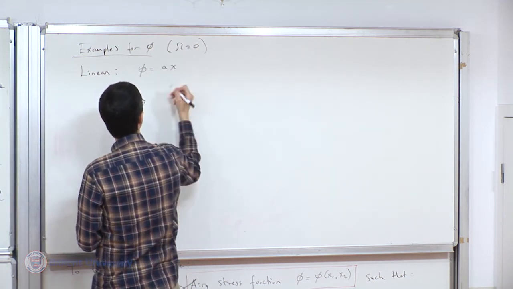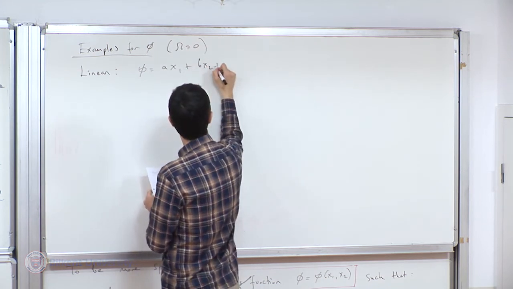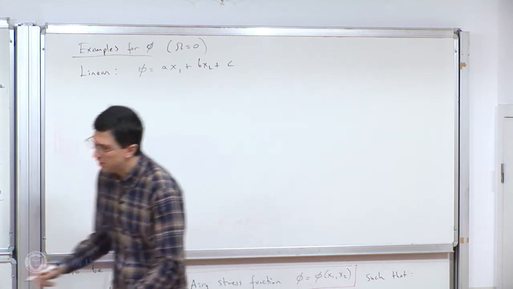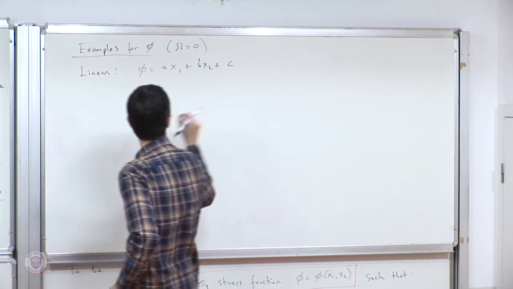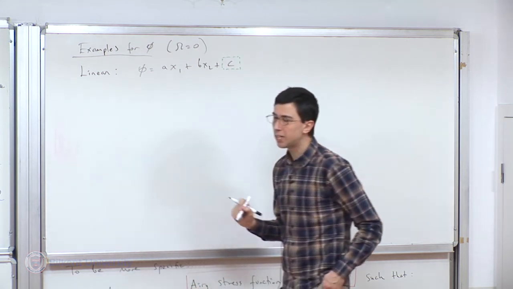So let's say I choose the Airy stress function to be this. I'm saying linear. I still threw in a constant here.